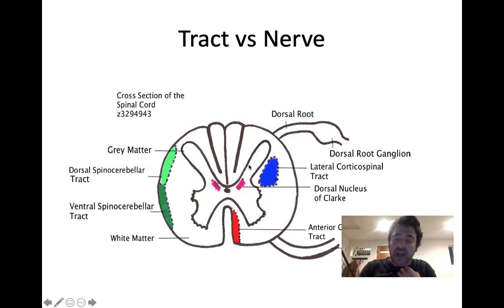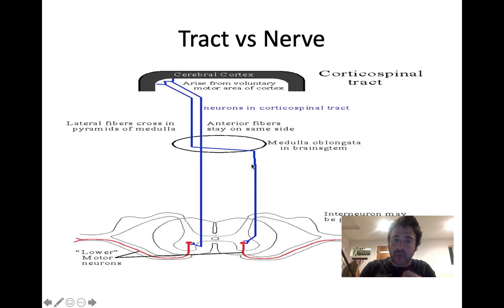Bundles of myelinated axons in the peripheral nervous system, on the other hand, once those axons exit the central nervous system and form part of nerves, we refer to as nerves. So a bundle of myelinated axons carrying information in the central nervous system is a tract, whereas a bundle of myelinated axons carrying information in the peripheral nervous system is called a nerve.